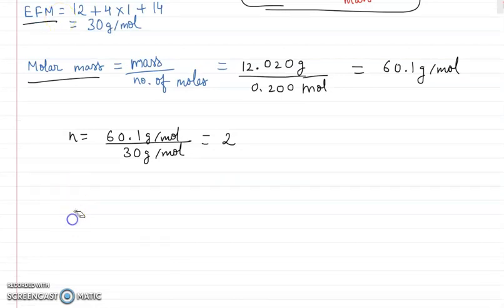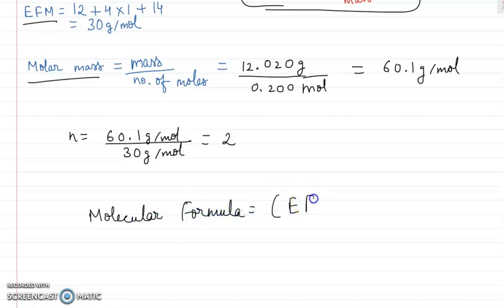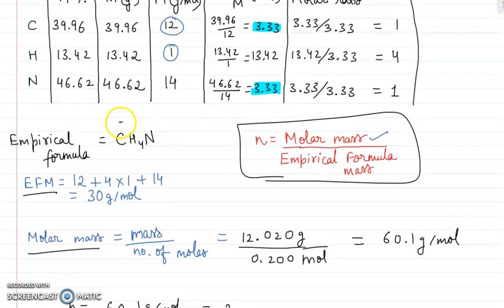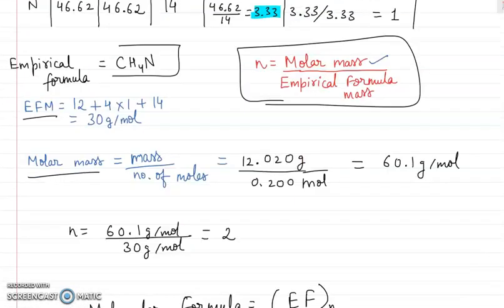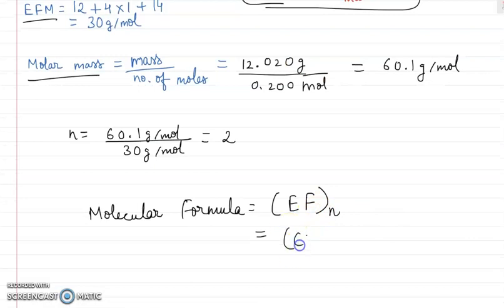We have to determine the molecular formula. So the molecular formula is equal to empirical formula, and here we will write in subscript N. So the empirical formula was CH4N, and the value of N is 2.